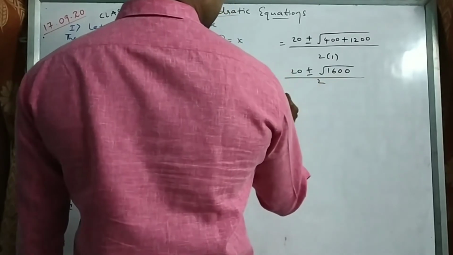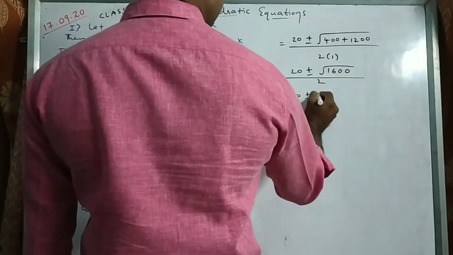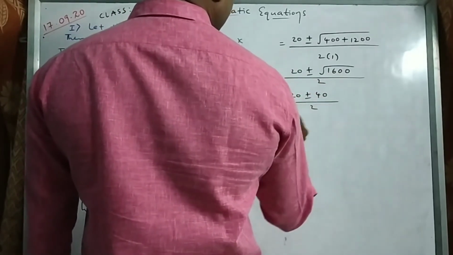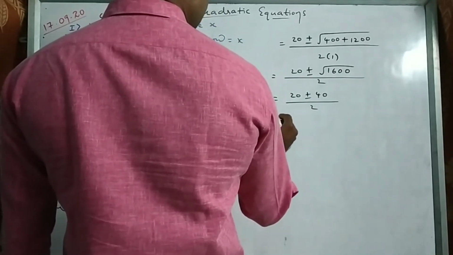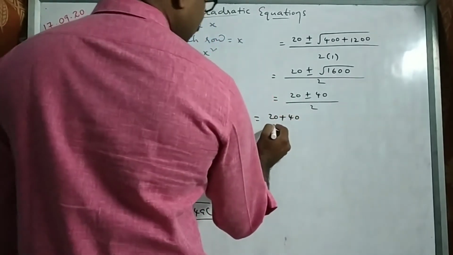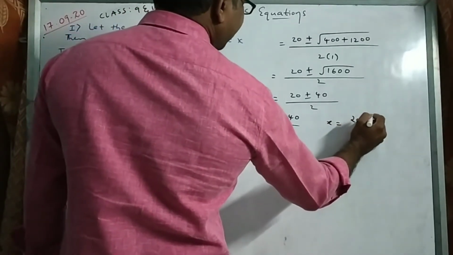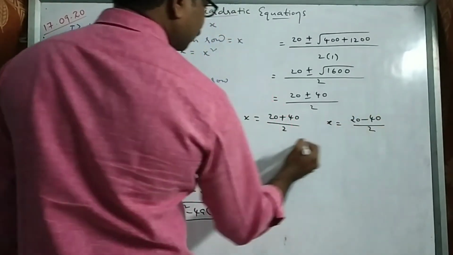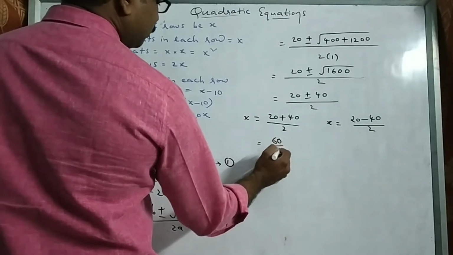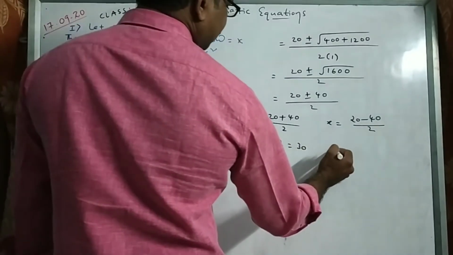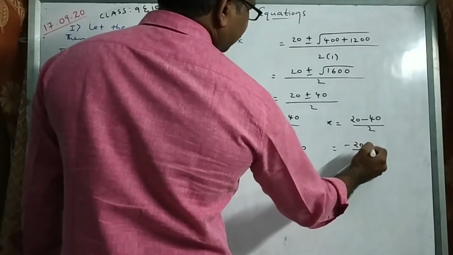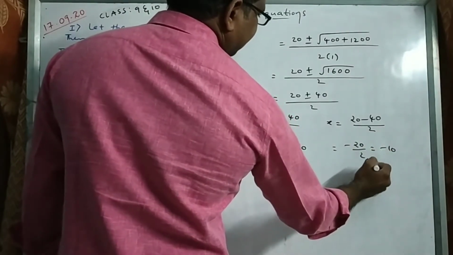It is very clear, 1600 square root is 40, upon 2. So x equal to 20 plus 40 upon 2, and x equal to 20 minus 40 upon 2. So 60 by 2, 30. And minus 20 by 2, means minus 10, it is rejected.